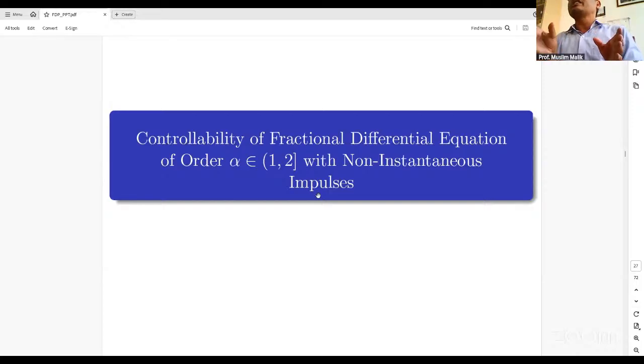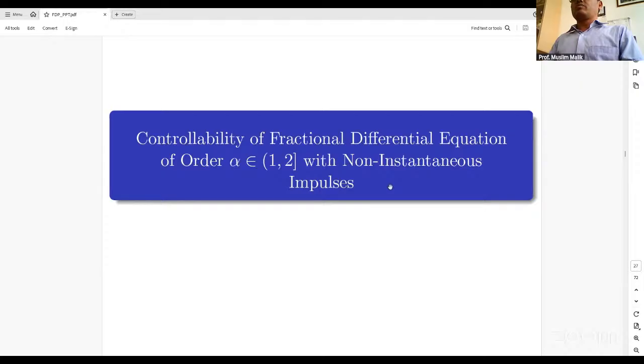This duration taken by the medicine to act is called the non-instantaneous interval, and this phenomenon is known as a non-instantaneous impulsive system. So these are some applications of instantaneous and non-instantaneous impulses.